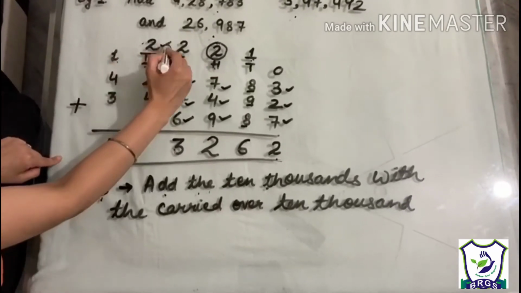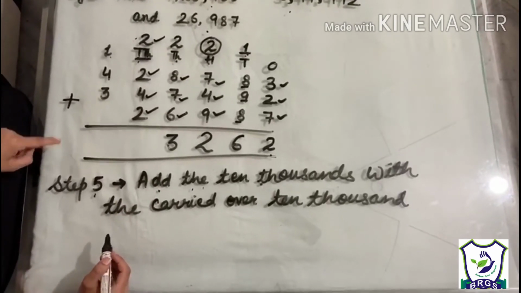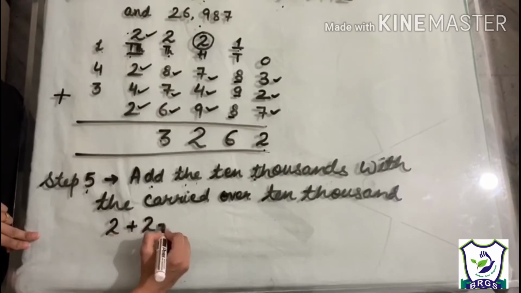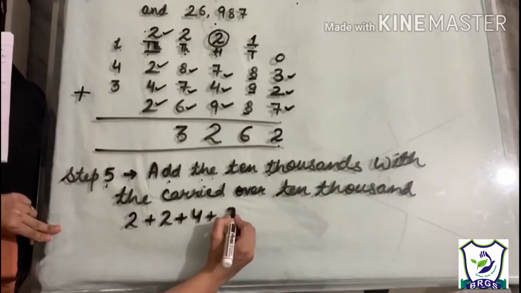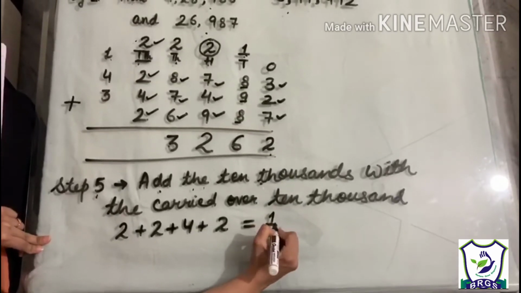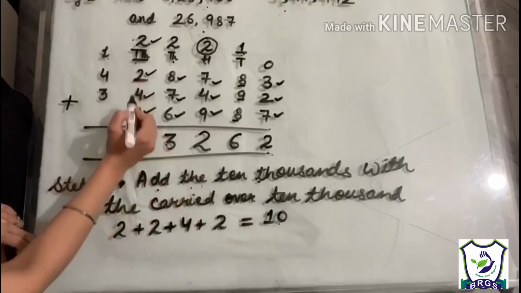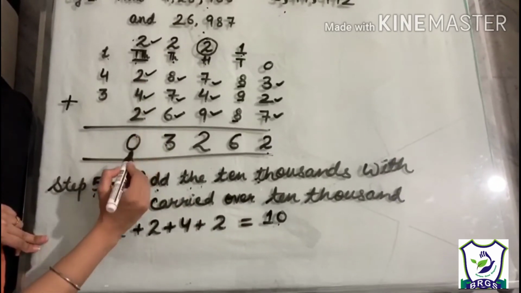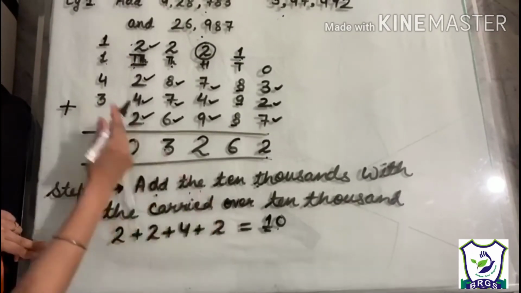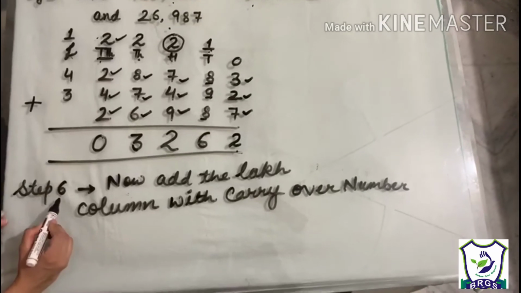Now we add all these digits in the 10,000s: 2 plus 2 plus 4 plus 2, which is equal to 10. Now we will write 0 in the 10,000 column and carry over the 1 to the lakh column. Come to step number 6.